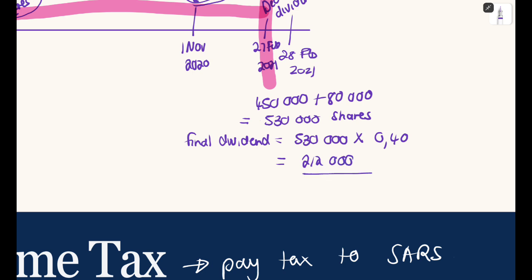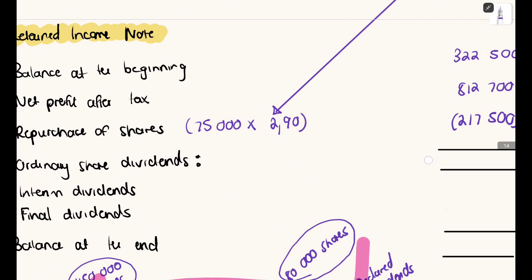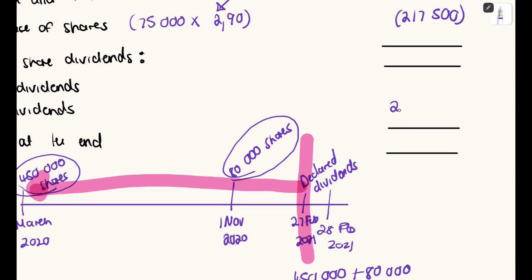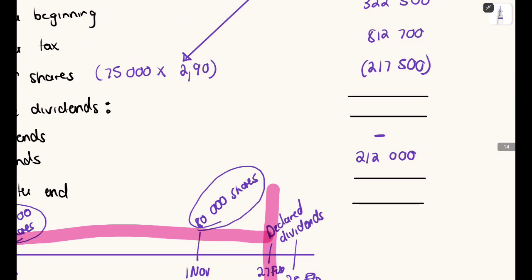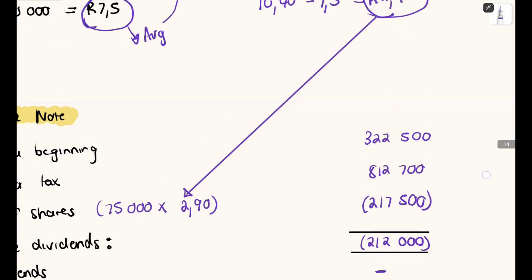These are the final dividends paid to my shareholders. So I write final dividends 212,000. Then there was no interim dividend, so there's nothing there. My total dividends declared are 212,000. And remember that your dividends are a minus.